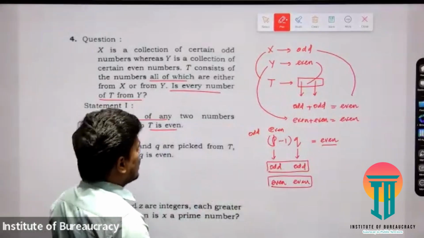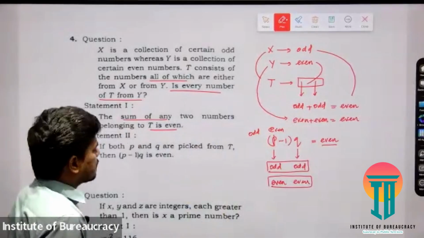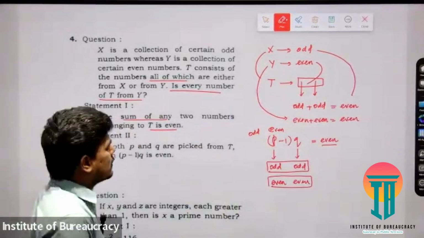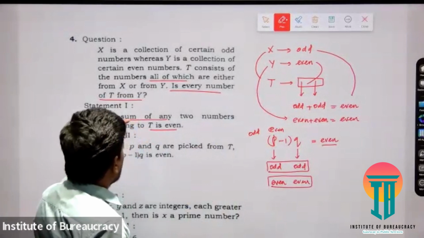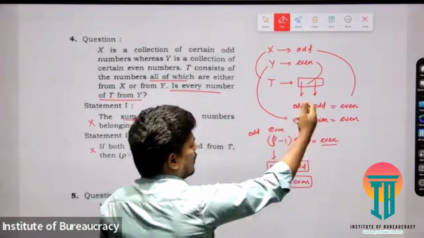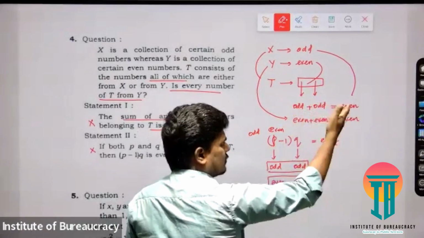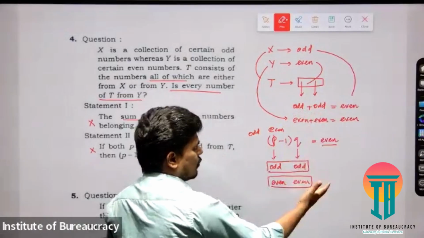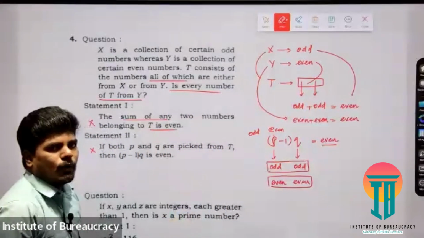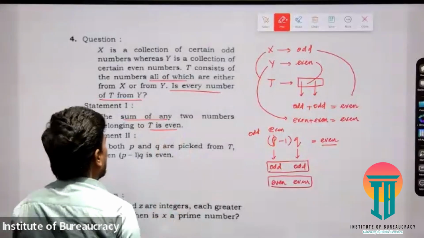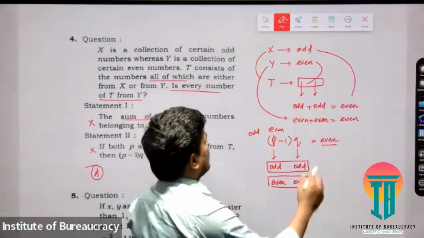Even if you combine both statements, it is the same thing. Two numbers you have chosen can both be even, satisfied; or both odd, satisfied. But we cannot certainly say they are coming from Y. Even if you combine, we cannot answer the question. Therefore, the option is D: none of the statements give the answer.